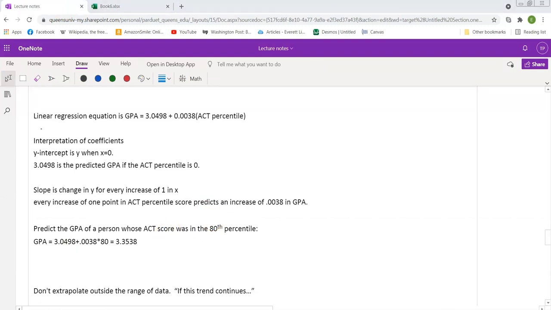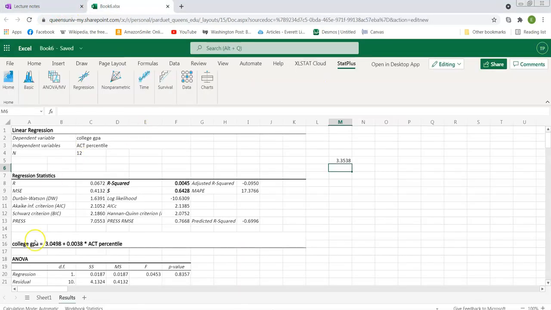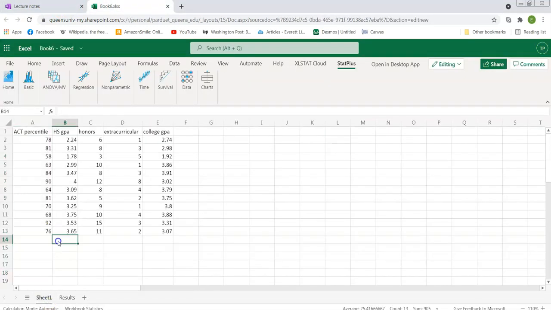Now, since we're talking about making predictions, I have to give you the standard warning about predictions, which is you should not extrapolate outside the range of your data. Meaning, don't make predictions for values of x that you don't have. In our data, if we look at it over here, our smallest ACT percentile is 58, and our highest is, I see, a 92.